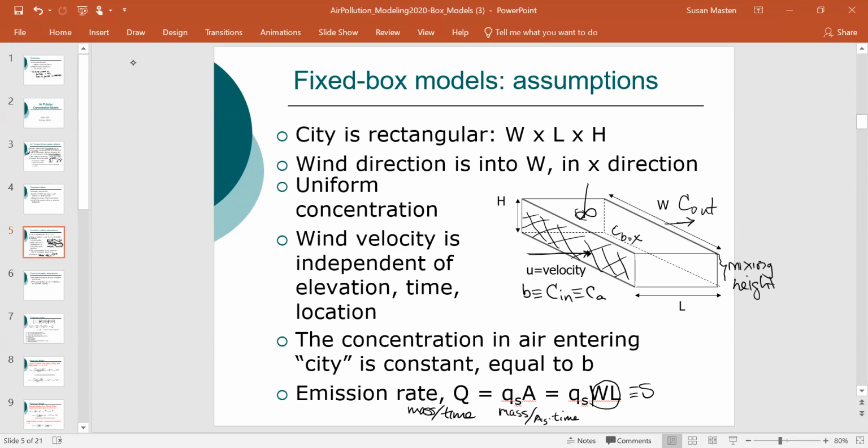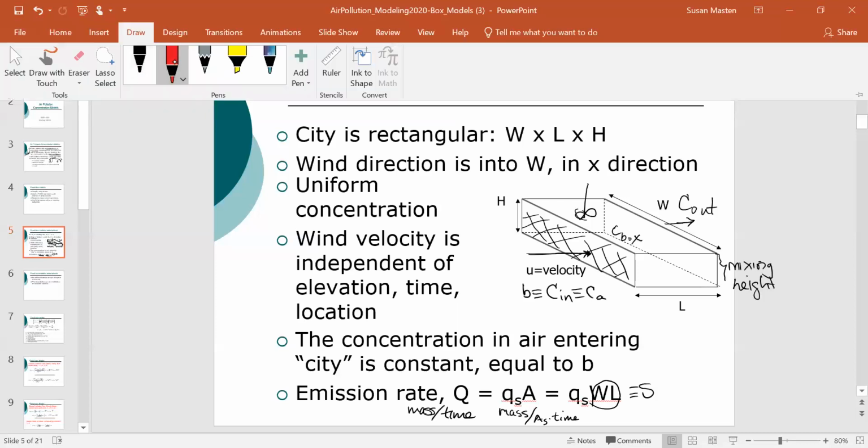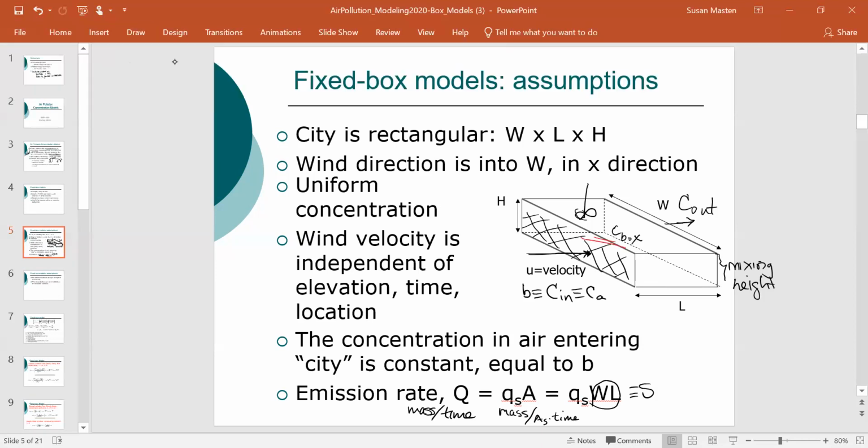I'm going to change color. So what we're looking at is this area here, the base of the model. So this corresponds to the red hatched area.